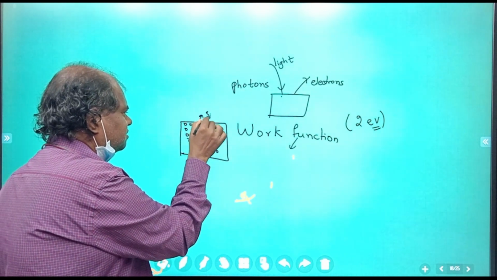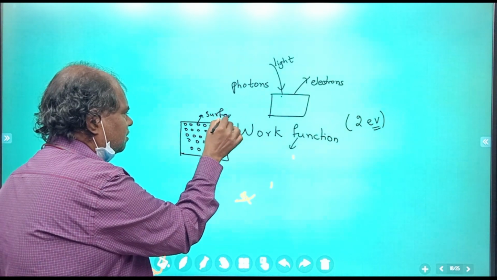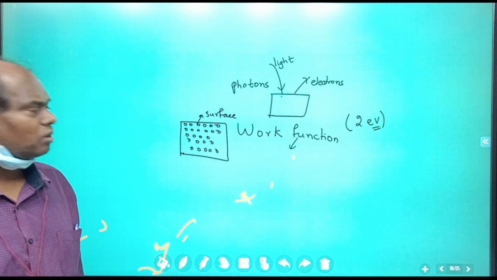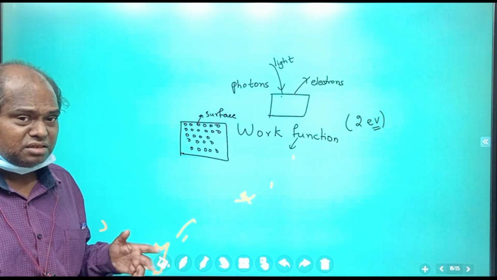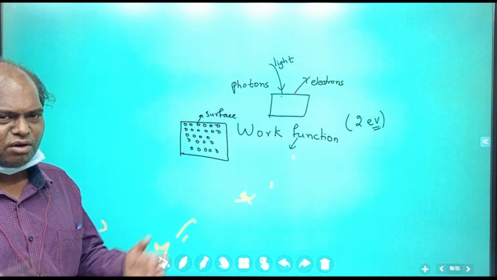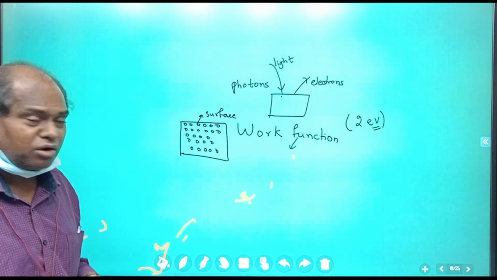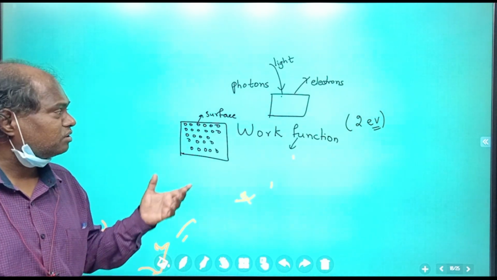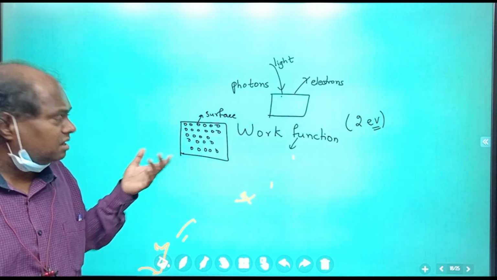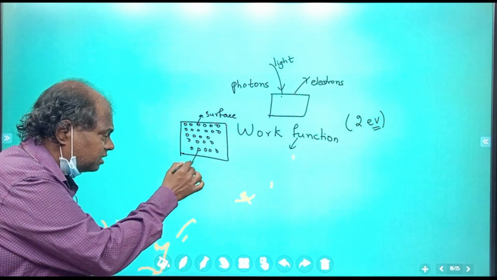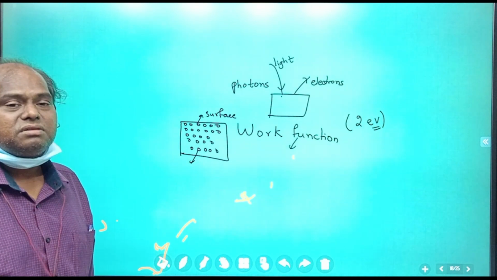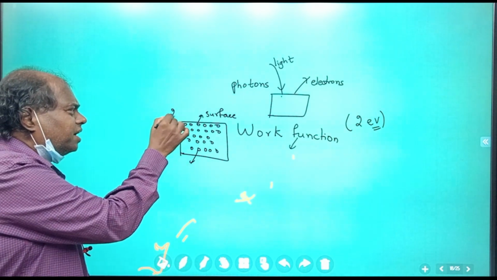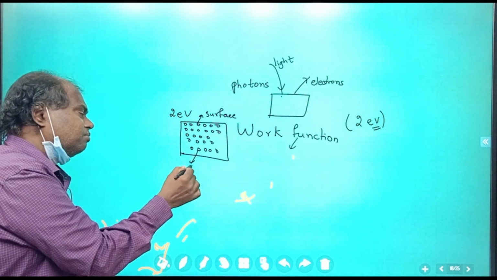Now, interestingly, I can't ask you a question because we are not directly interacting. But which electrons will come out easily? Surface electrons. Surface electrons don't require that much energy, whereas the electrons which are there in the bulk require more energy. Fine. Surface electrons, if they are coming out with 2 electron volt, the bulk electrons will require more than that.